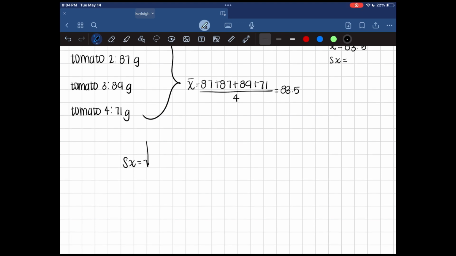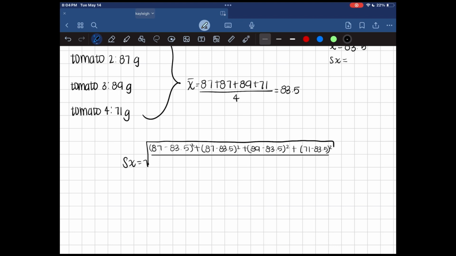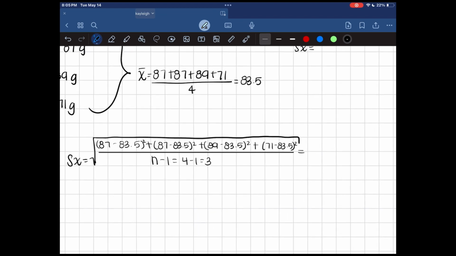The standard deviation of x is equal to the square root of the summation of each value xi minus the mean, squared, divided by n minus 1, which is your degrees of freedom. So it's 87 minus 83.5 squared plus 87 minus 83.5 squared plus 89 minus 83.5 squared plus 71 minus 83.5 squared, divided by n minus 1. n minus 1 is 4 minus 1, which is 3.